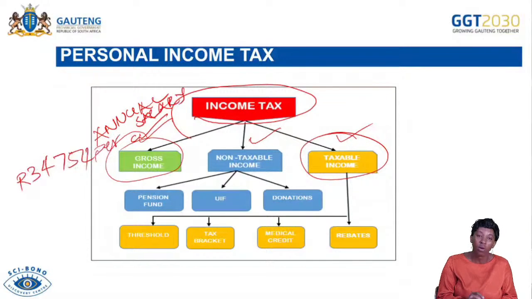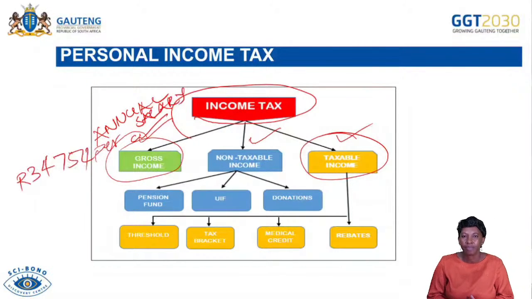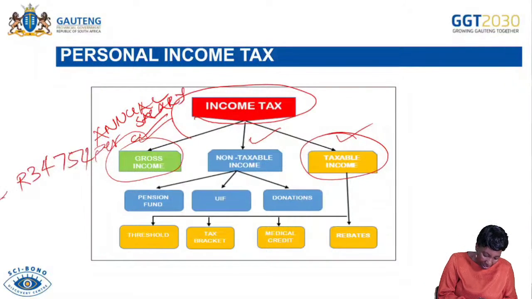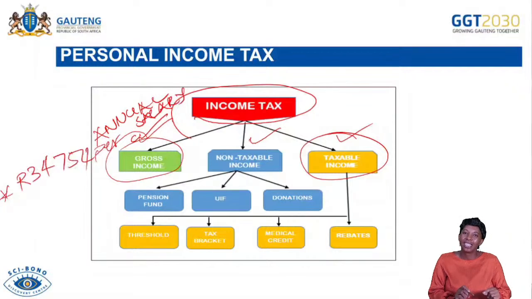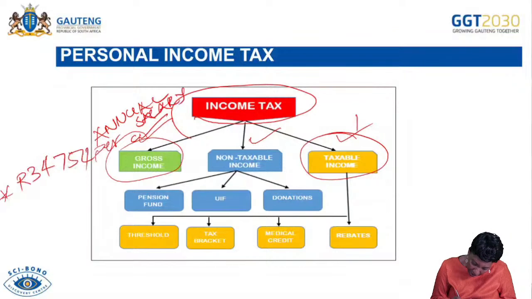And then, you know what I like about maths lit or mathematical literacy, the examiner will tell you that this salary that you see here, whether it is a gross salary or a gross income or it is a taxable income. And once they say Madam Gia is earning 34,754 per month, a taxable income, it means it will come here.